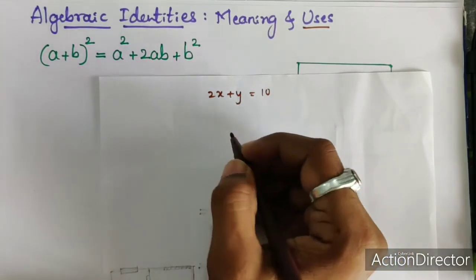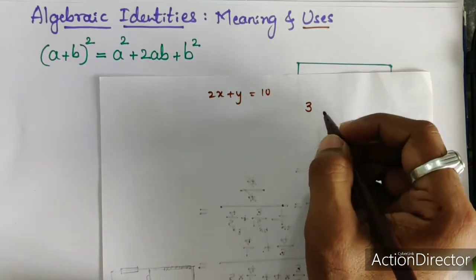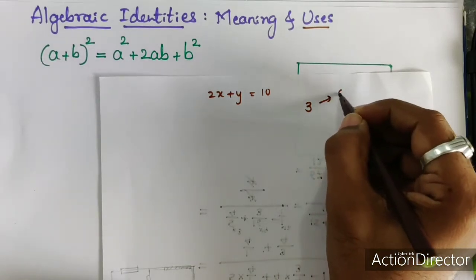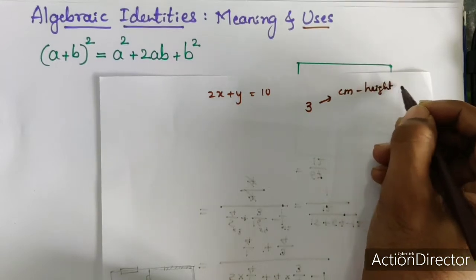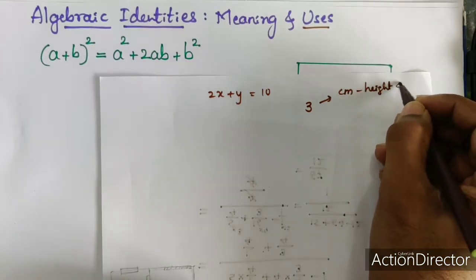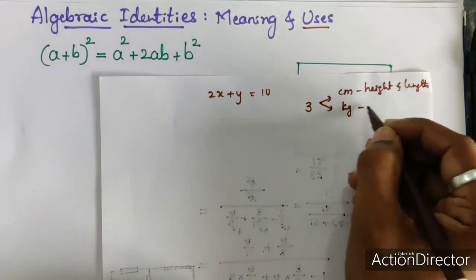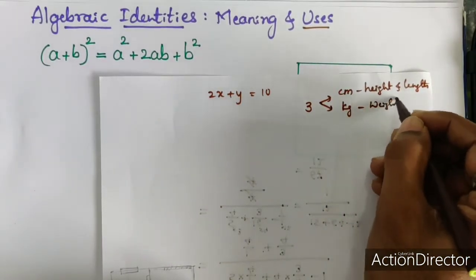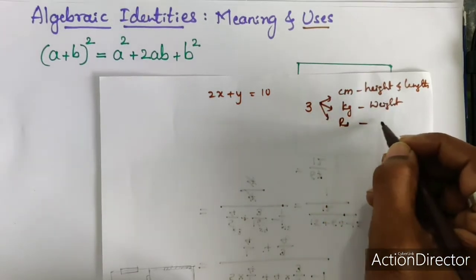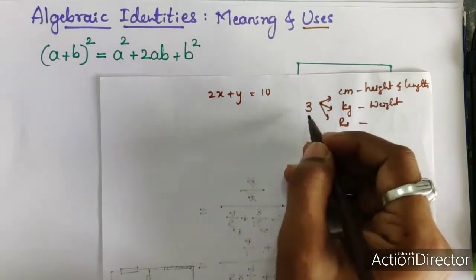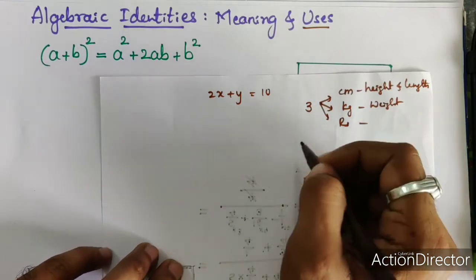One thing we all must understand: whenever I write some value, like 3, if you write 3 in centimeters, it may represent height or length, if you write it in kg, it may represent weight, or if you write it in rupees, it may represent money. So when a number is written with a unit, the unit decides what it represents.